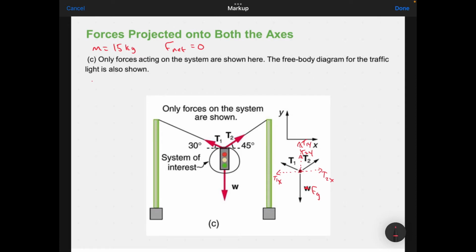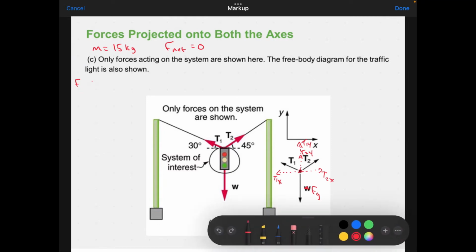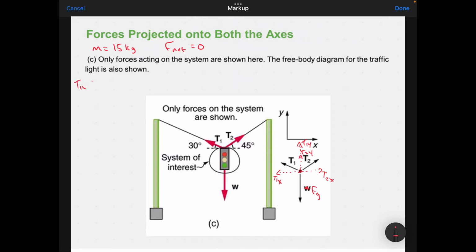So in this case, that means looking in the y direction, FG needs to be subtracted from T1Y plus T2Y: T1Y plus T2Y minus FG equals 0. They balance out.